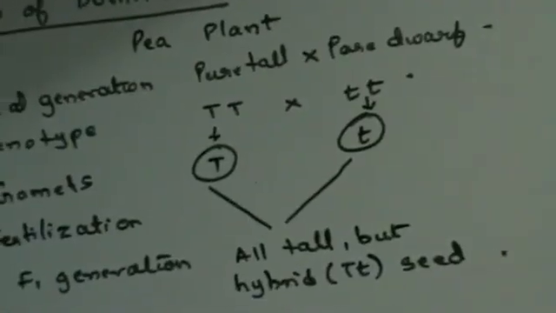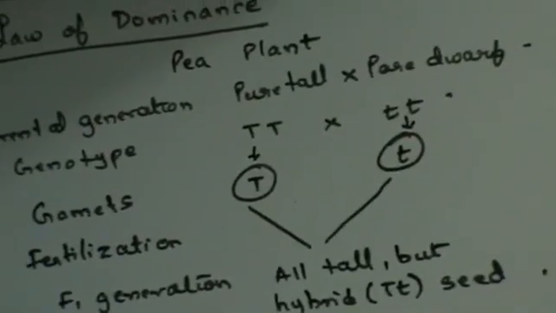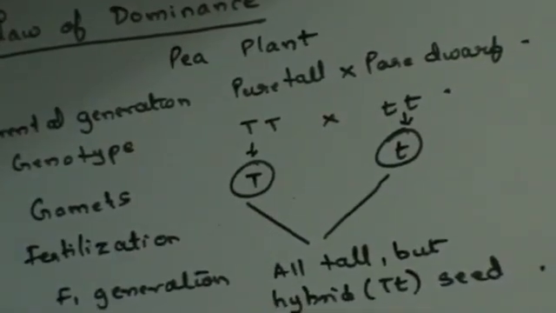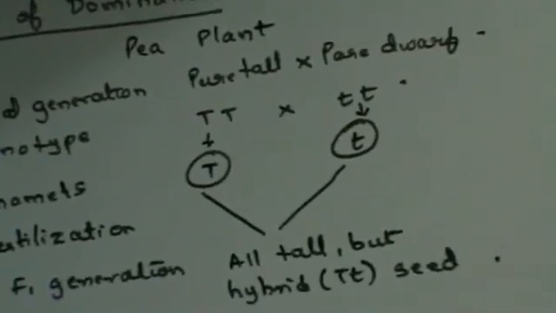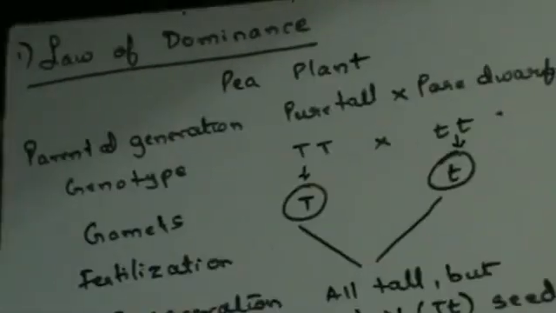Now let's try to understand this. I've already shown you the diagram for this, the law of dominance. Now let's see the explanation for this. As you can see from the diagram, guys, can you just see the diagram? What did Mendel do? He performed a crossing experiment in garden pea plant, and he considered the pair of contrasting characters to be the height of the plant.